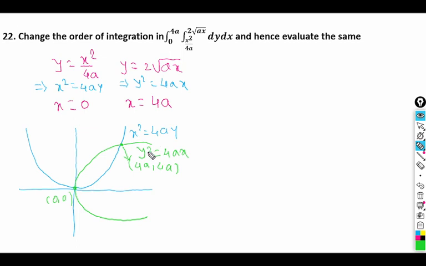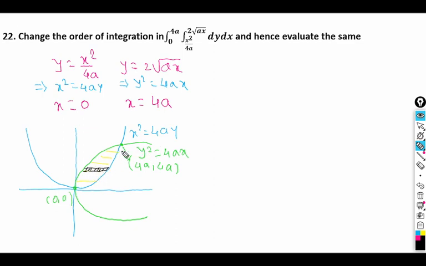What you have to do is replace the value of x as y square upon 4a in this equation and simplify. The next part is the region of integration. In this region, the previous y had the variable limit, so we have to make x the variable. To get x as variable limit, we take a horizontal strip now.